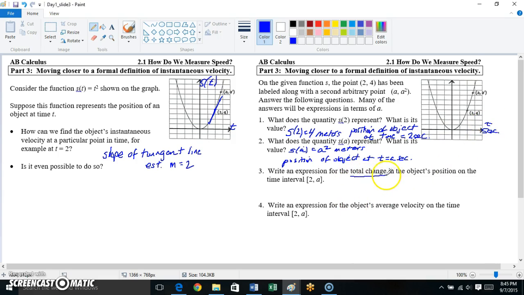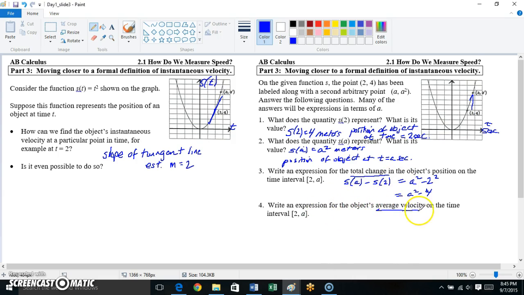Okay, total change. So we're just talking about the difference, s of a minus s of 2, which is a squared minus 2 squared, or a squared minus 4. All right, that's a change in position. If the object is at a squared and it used to be at 4, the difference, that vertical distance, right, is a squared minus 4.